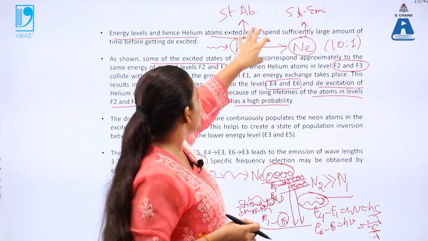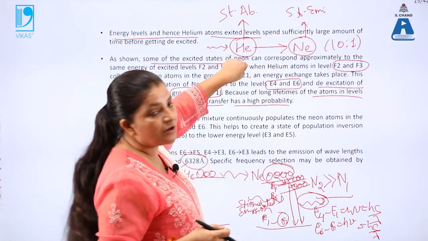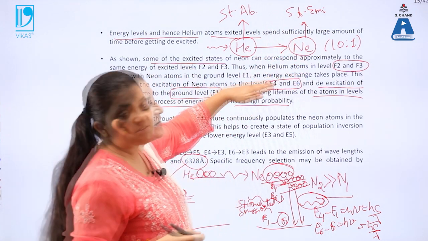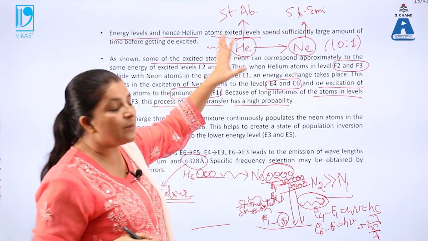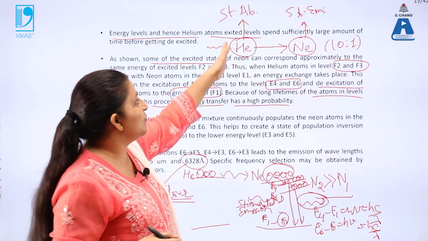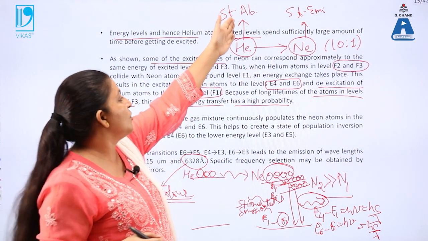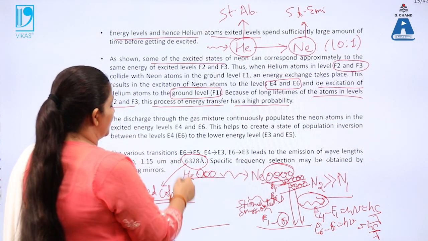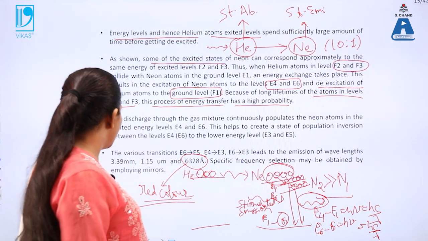Due to stimulated absorption in helium and stimulated emission in neon, through multiple transitions, laser light with wavelength 6328 angstrom is released.